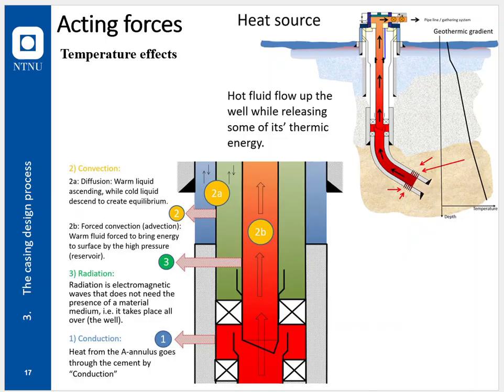Forced convection is when the reservoir fluid is going up, and that is of course coming from the pressure differences. Finally, we have what is an electromagnetic wave or radiation, and it's not depending on any material at all.